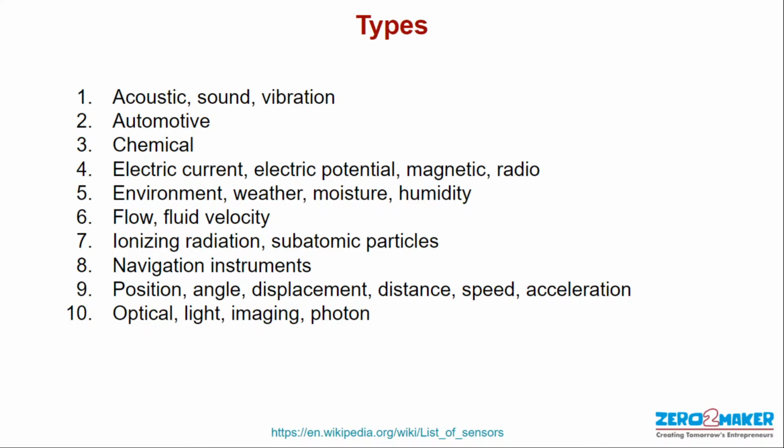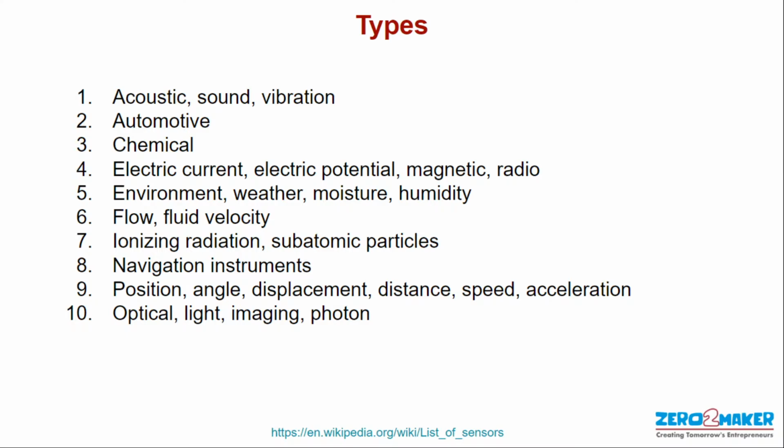We have here acoustic, sound and vibration, which basically works on waves. Second is automotive, mostly used in automation industries. Third is chemical, which reacts to some chemical and gives the presence of some compound. Then we have sensors working on electric principles, like electric current, electric potential, magnetic and radio.